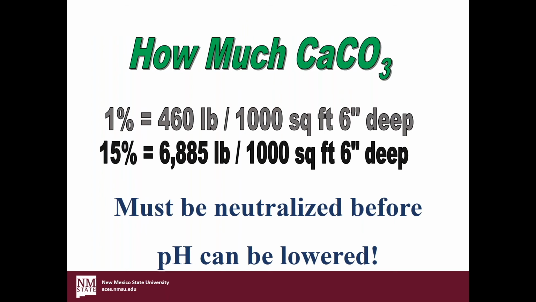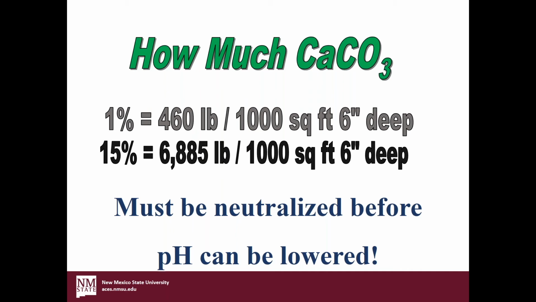So how much calcium carbonate is in our soils? Well, if we have just 1% calcium carbonate, then that's 460 pounds per 1,000 square feet in 6 inches of soil. And if you're like us in this part of the world, in southeastern New Mexico, we have close to 7,000 pounds per 1,000 square feet of 6-inch deep soil.